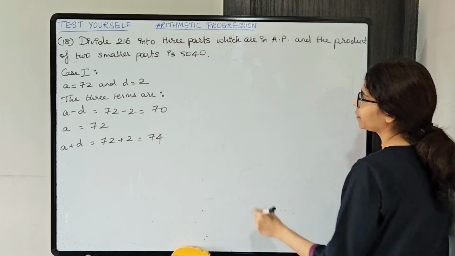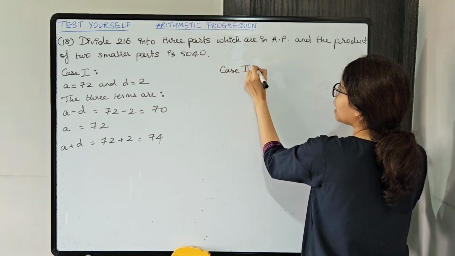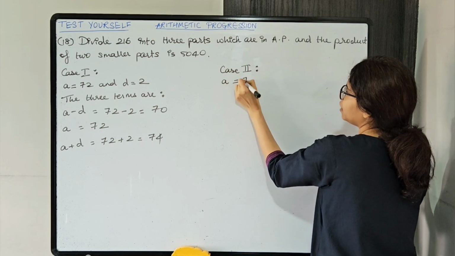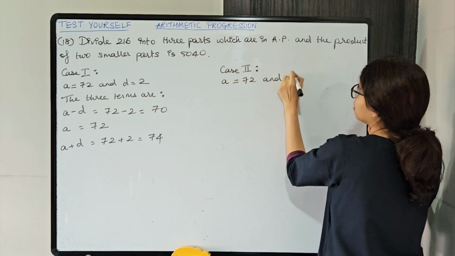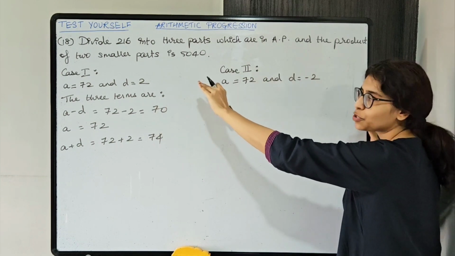Okay. Case 2 में continue करो. We got d as -2, so write down a and d. a is 72 and d is -2. तो यहाँ पे रिवर्स AP मिलेगा, जो भी टर्म्स यहाँ पे मिला है उसका रिवर्स मिलेगा.